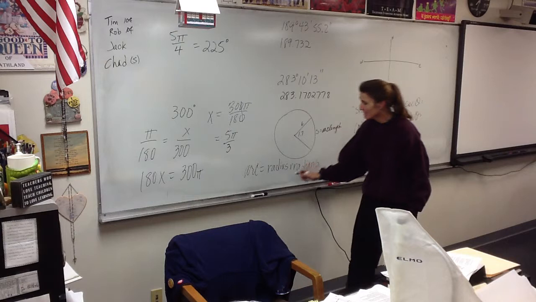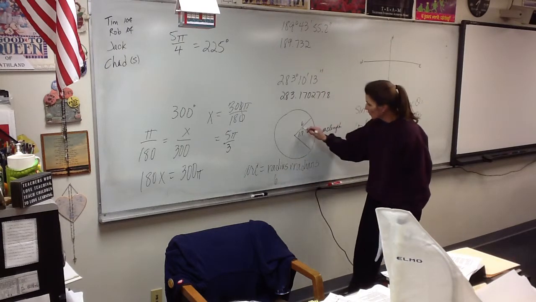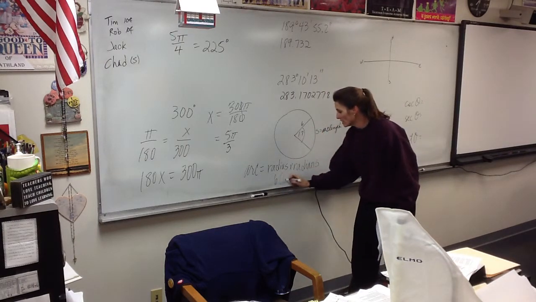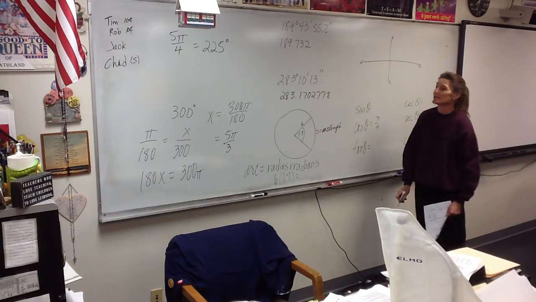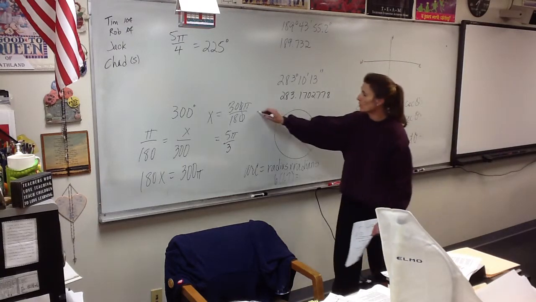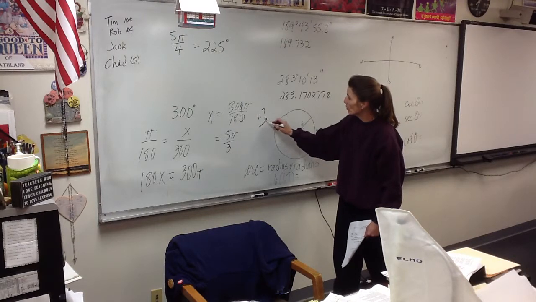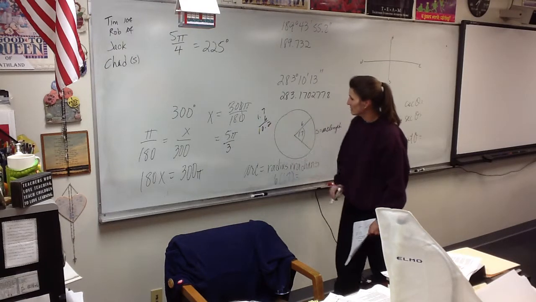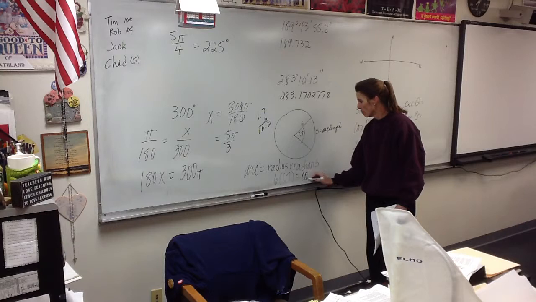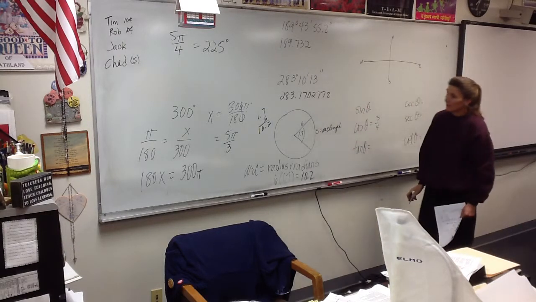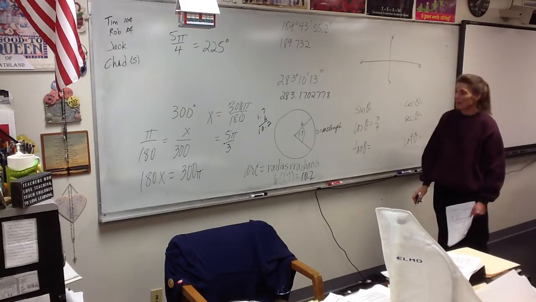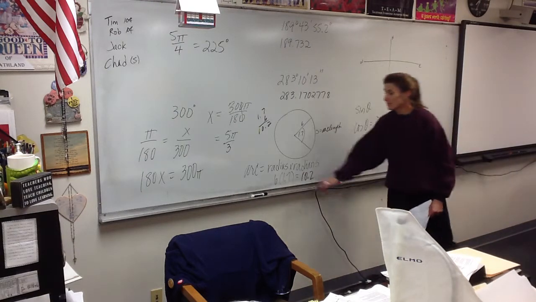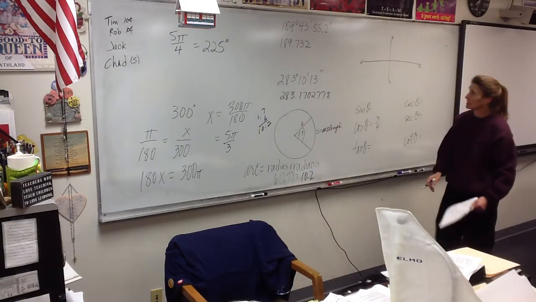The radius is 6, and the radian measure of the angle is 1.7. So the answer is just 6 times 1.7. And 1.7 times 6 looks like it's 10.2. That's all there is to it. Please do not make that hard. Arc length is radius times radians.